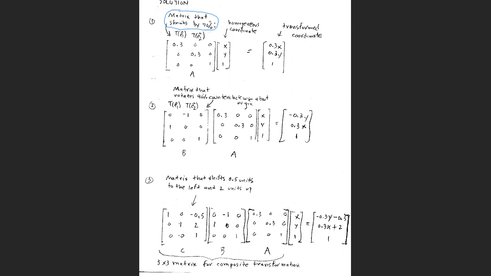And this here in the upper left-hand corner is that 2x2 matrix. And of course, above this first column here, I have a 0.3 and a 0.